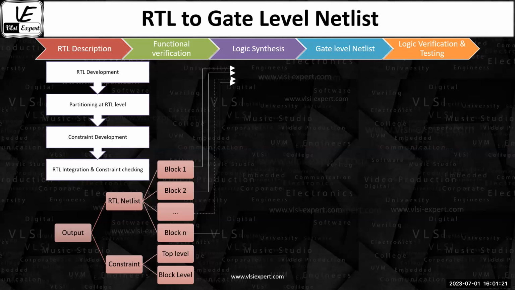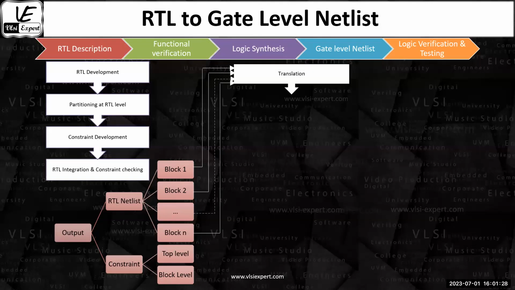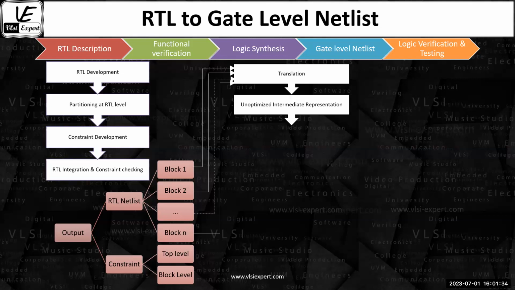So how are you going to do this conversion? You have a design first, that particular code. You have to translate that code into some unoptimized representation. Unoptimized in the sense, maybe you have written an AND and an inverter.